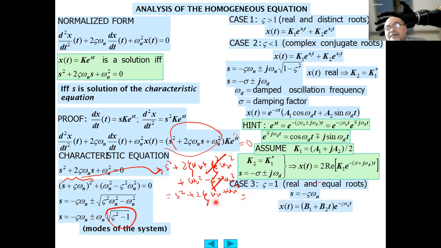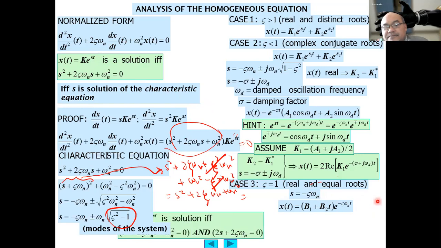So the general solution for x(t) for this homogeneous equation becomes b1 plus b2 t times exponent minus zeta omega n t, because s is only minus zeta omega n.